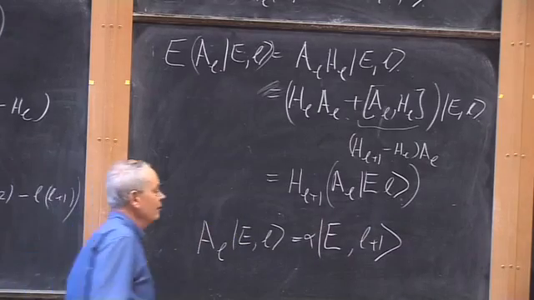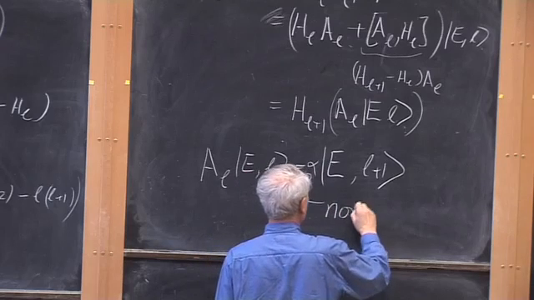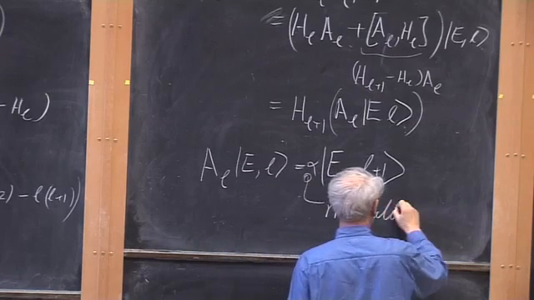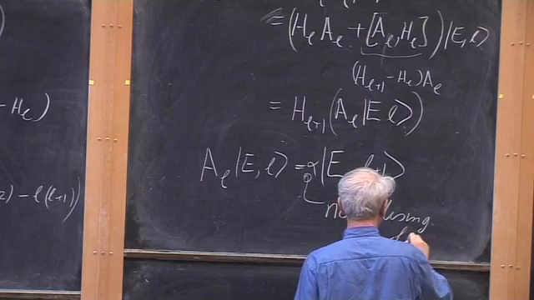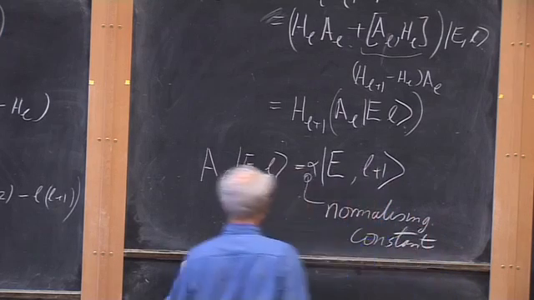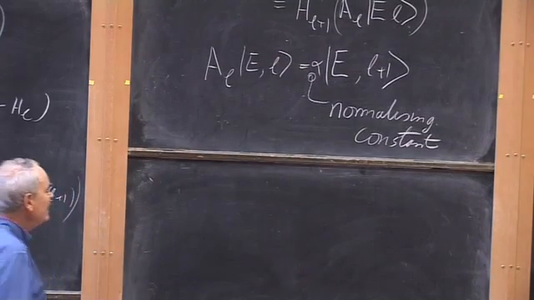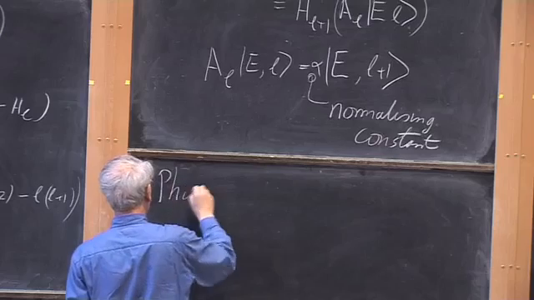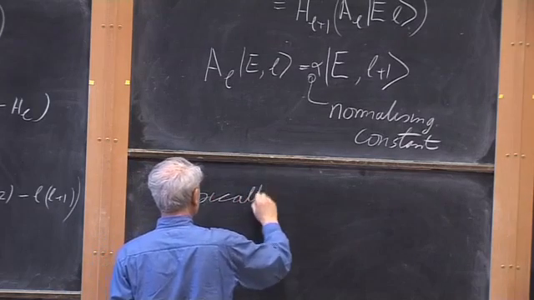So what have we done? This operator, this is some normalizing constant, right? We had just this kind of thing in the case of the harmonic oscillator. So physically, what have we done? Well, classically, what have we done?